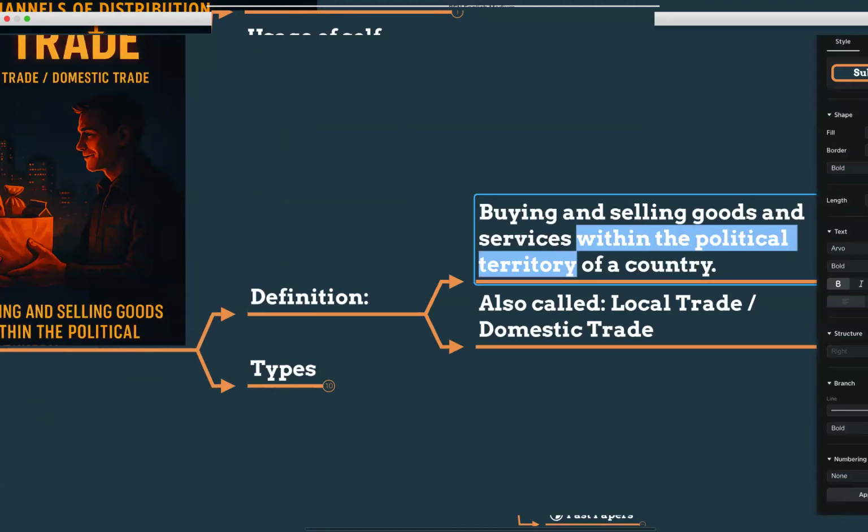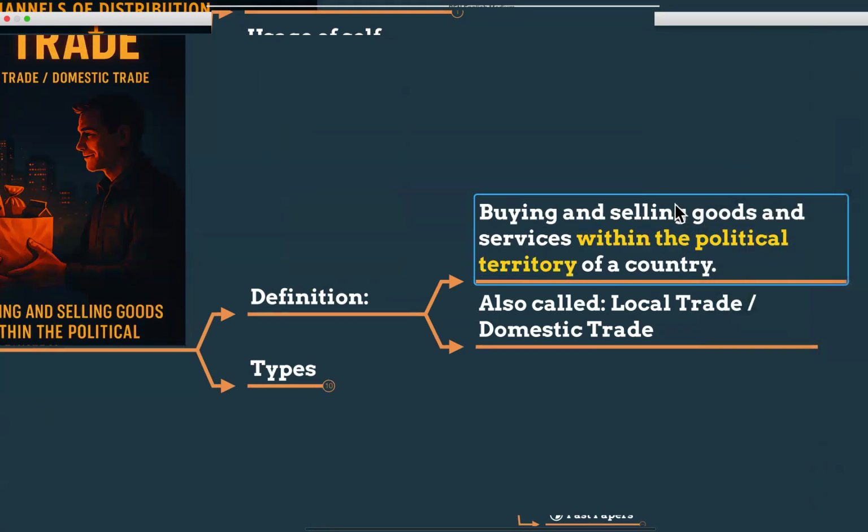If we are in Sri Lanka, we don't have borders because we are an island. But other countries like India, China, there is a border. So you have your territory, right? We can call this local trade as well as domestic trade. So all buying and selling that happens within our country's borders, right?